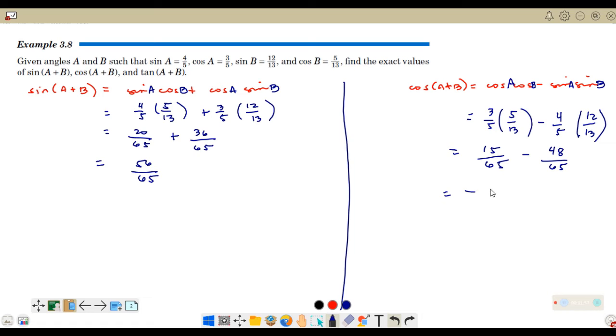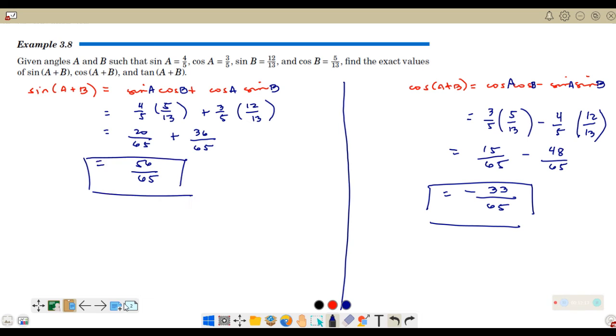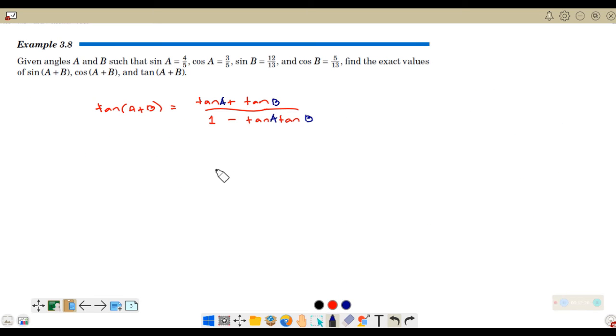We have negative 33 over 65. Now, is it possible to reduce this to lowest terms? No. Final answer na natin to. Okay? Okay. Now, let's go to the next one.